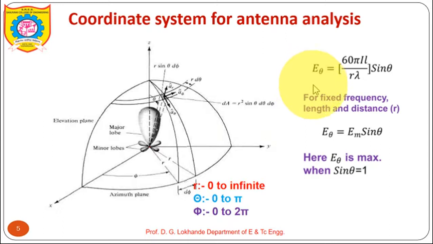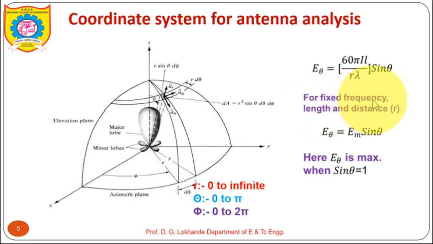So here E of theta is equal to 60 pi I L upon r lambda sine of theta. If the particular location needs to be tested, the current is fixed. If you apply the voltage, the length is fixed for the antenna, r is the distance from the source location, and for the given operating frequency, the wavelength is also fixed.